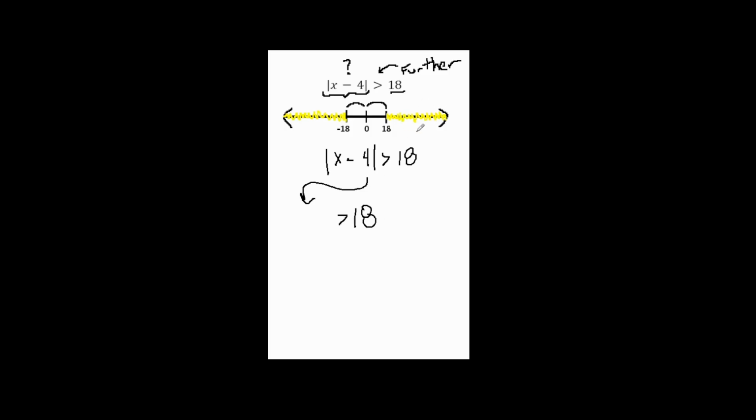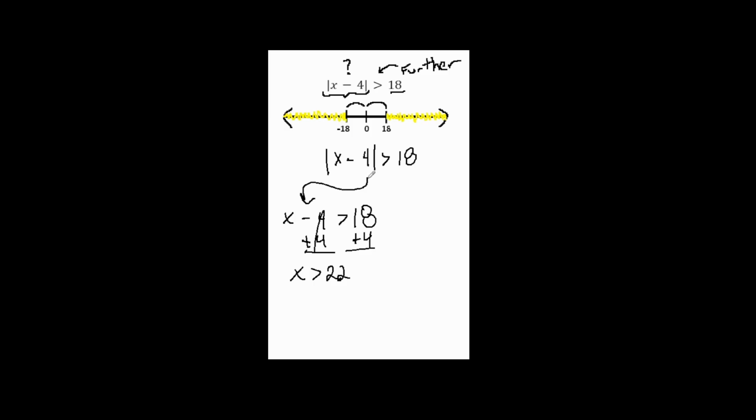And we know that these values are represented in terms of x as something minus 4. So we'll just write that here. Something minus 4. And at this point, you just do inverse operations to get x by itself. X is greater than 22. So this is one of our solutions, and that represents the right-hand side of the number line.